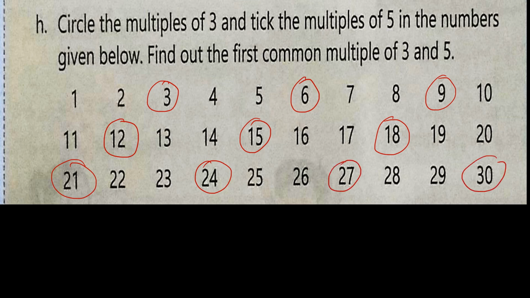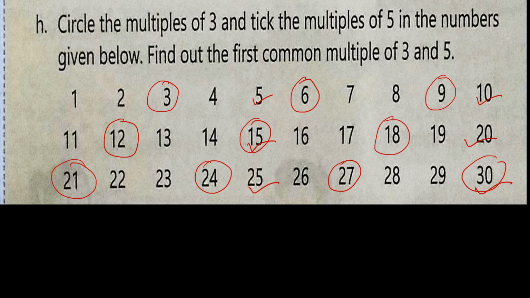Then take the multiples of 5: 5, 10, 15, 20, 25 and 30. Then find out the first common multiple of 3 and 5.